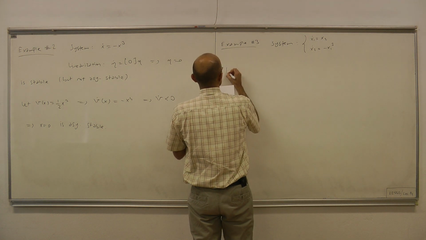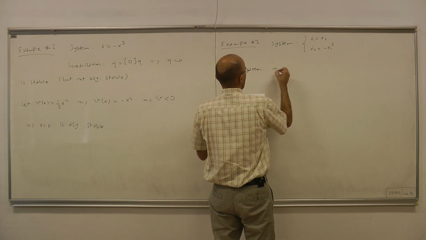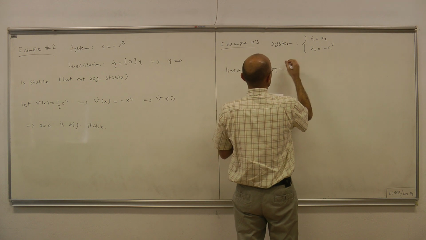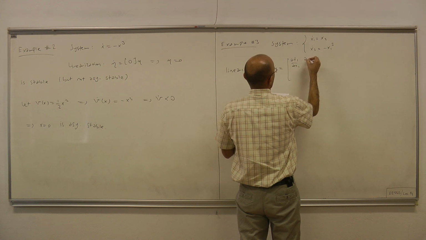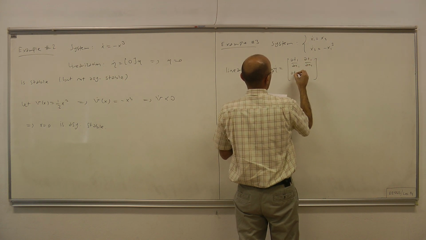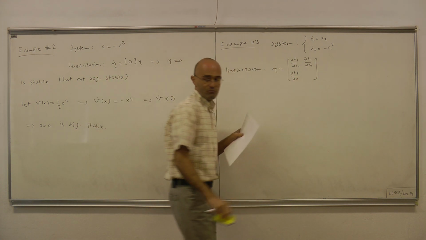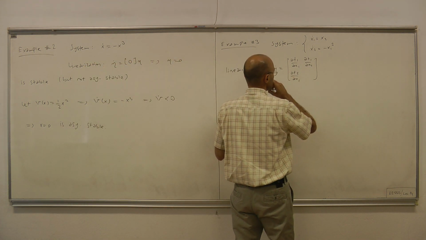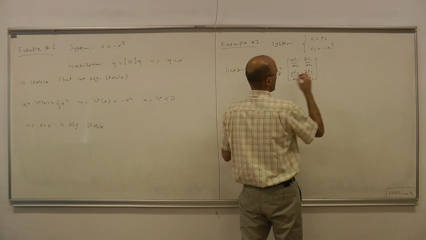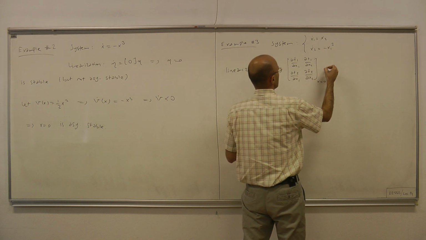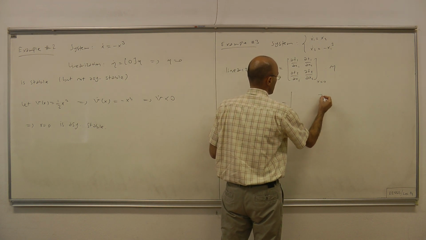Now the linearization, evaluated at x equals 0, is the Jacobian times x. So what's that?